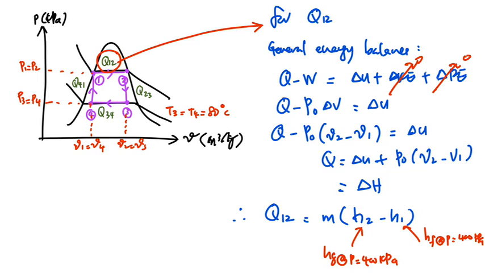And for H1 at the state of saturated liquid, you will have the value of Hf. And given the mass of water is 1 kilogram, you will get the value of heat transfer for process 1 to 2.